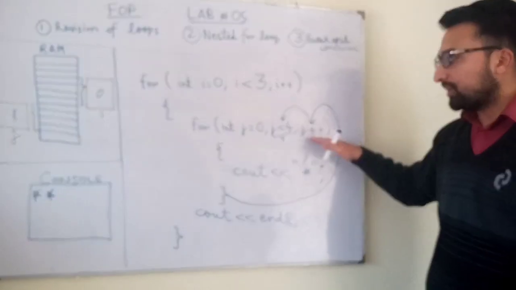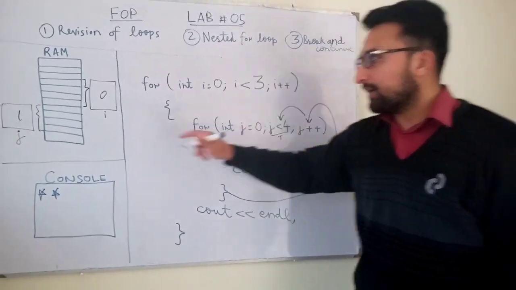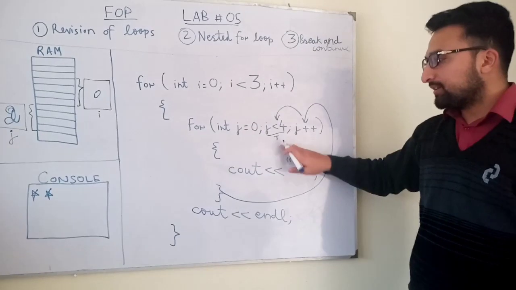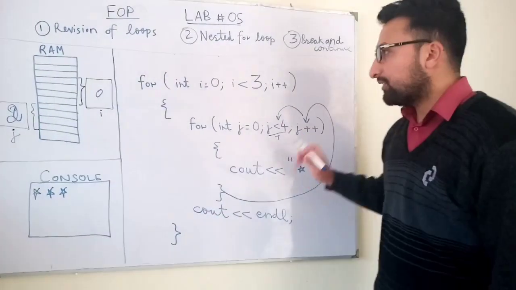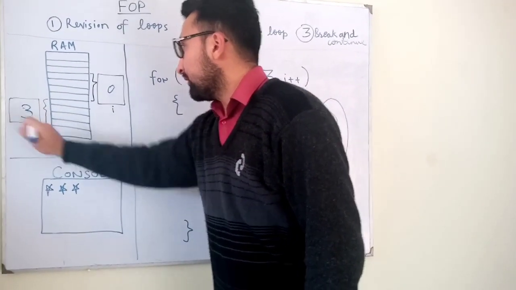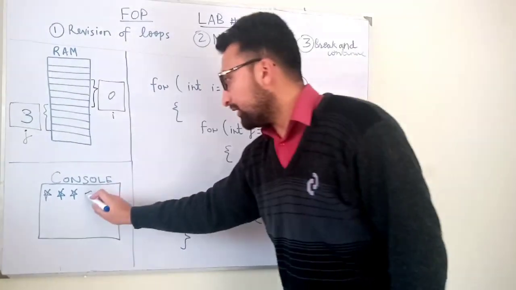Again it will hit the closing bracket of the inner for loop and go back to the increment or decrement of the inner for loop. j will become 2 here, and 2 is also less than 4. Another star will get printed. Again it will go back. j will become 3 now. 3 is less than 4 is a true statement. Another star will get printed.